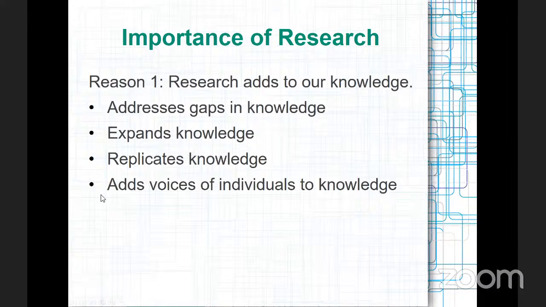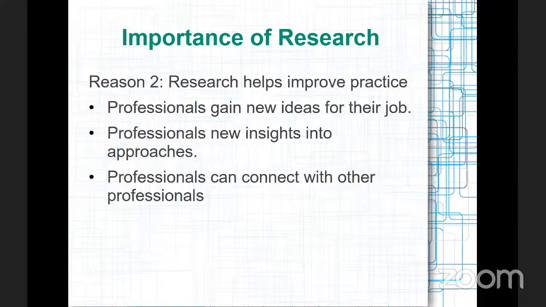So with replication of knowledge, you can do the methods of a research study and repeat it to see if that study is actually true. Or to use the research term properly, if it's valid. Okay, right. So the second reason why we do research is to improve practice.